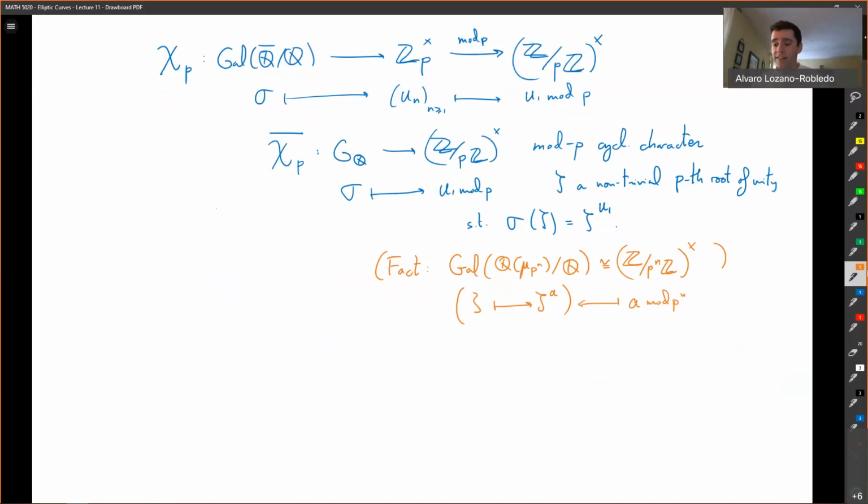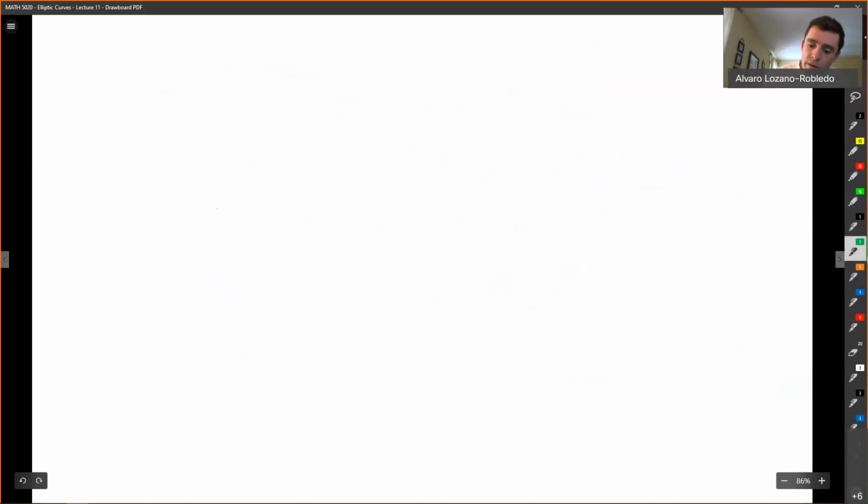And now we're going to do exactly the same thing, but for the Tate module. So now, in example 3, we had constructed the Tate module.